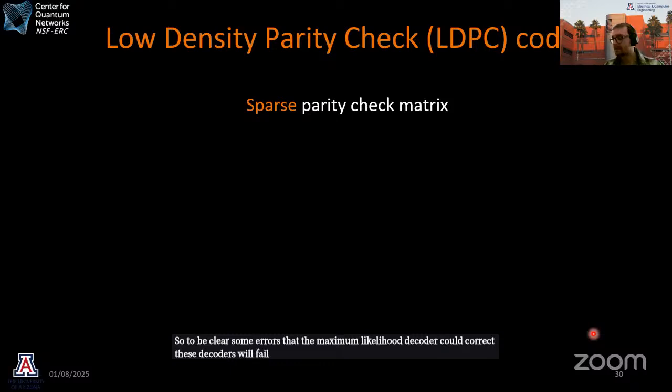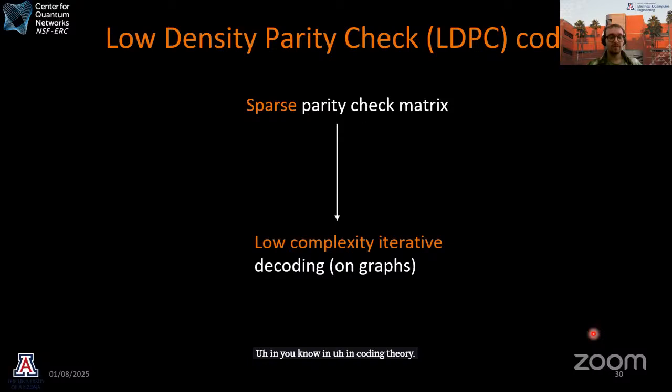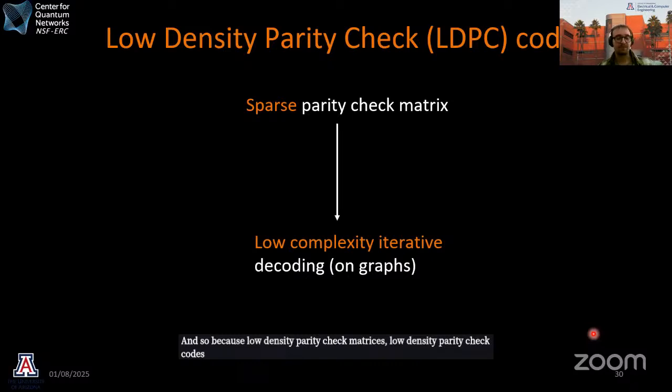But nonetheless, those are very simple, very low complexity decoders, and in practice, these are the state of the art in coding theory. And so, because low density parity check codes have sparse parity check matrices, they allow low complexity decoding algorithms that operate on these matrices.